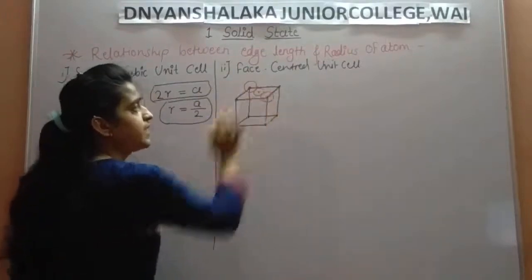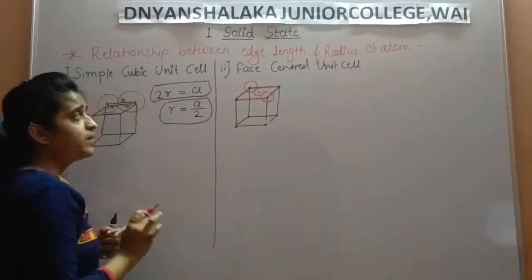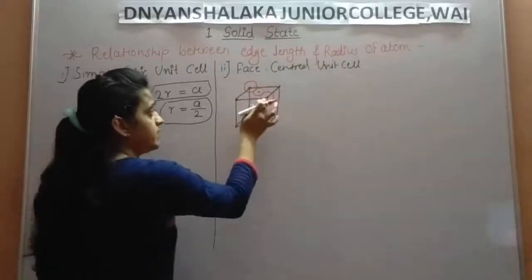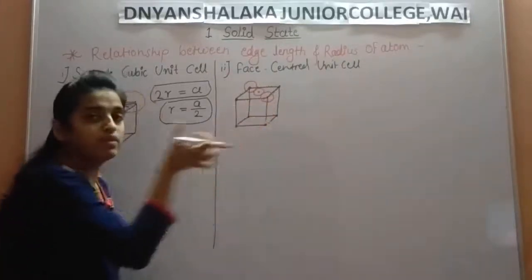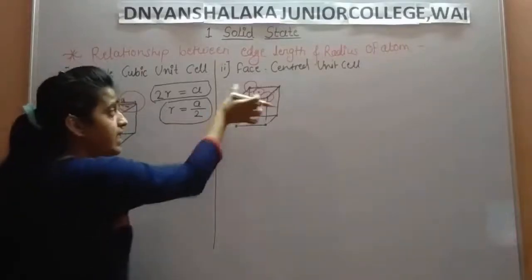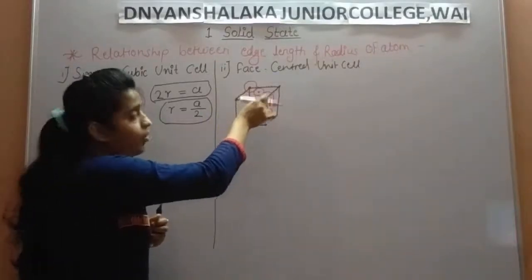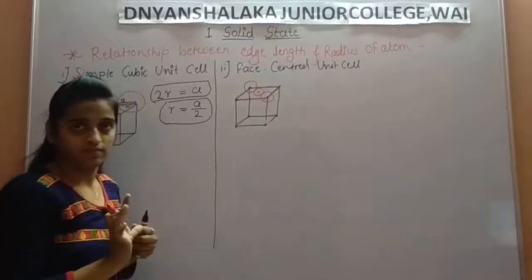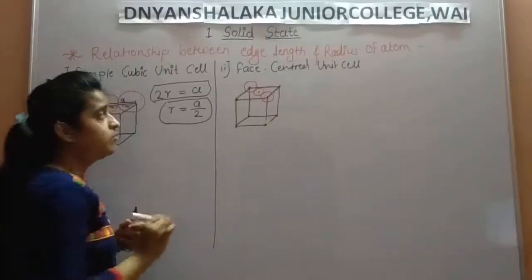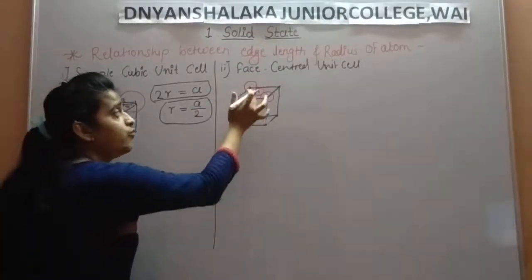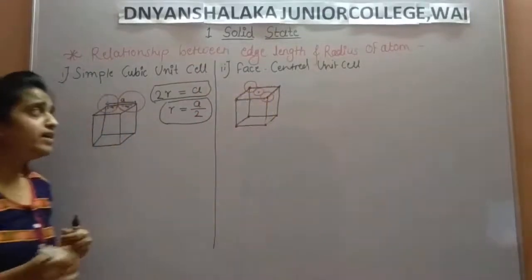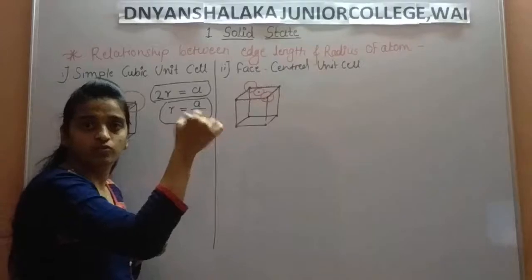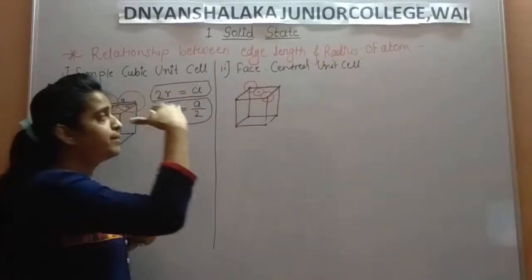So this is the upper side of the cube, with 2 metal atoms in the corners and one sphere. 2 metal atoms means 2 spheres arranged in corners in different directions. On the face center, one sphere is arranged in the middle portion of the upper side of the cube.